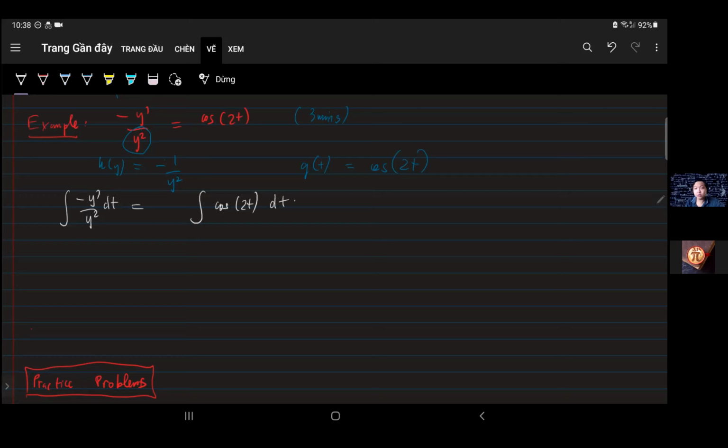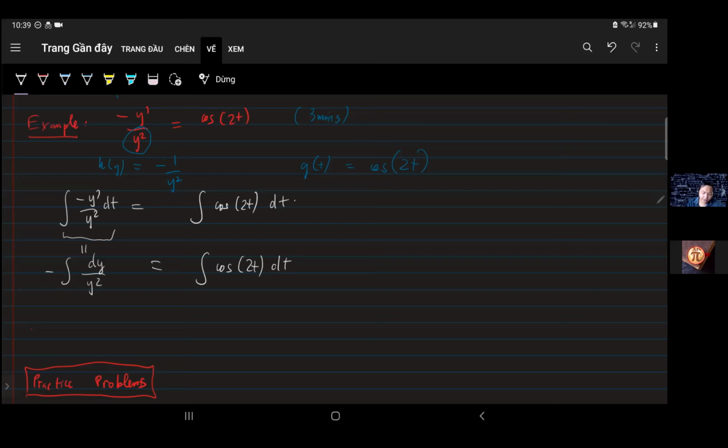We take the integral with respect to the independent variable, which is t. On the left hand side, you can use integration by substitution, or change the variable. Since y prime dt actually equals dy, we get the integral of negative dy divided by y squared equal to the integral of cosine of 2t dt.